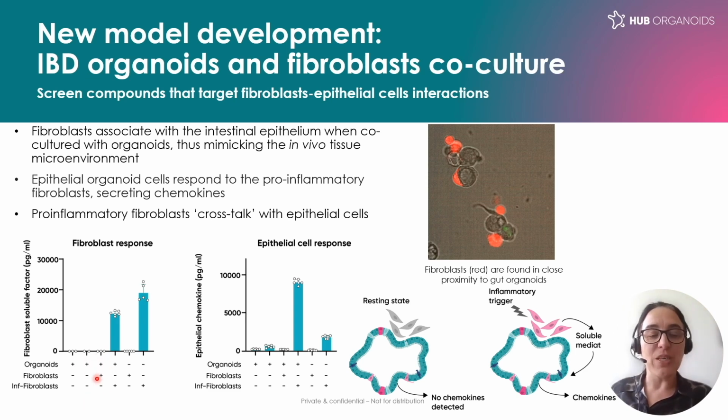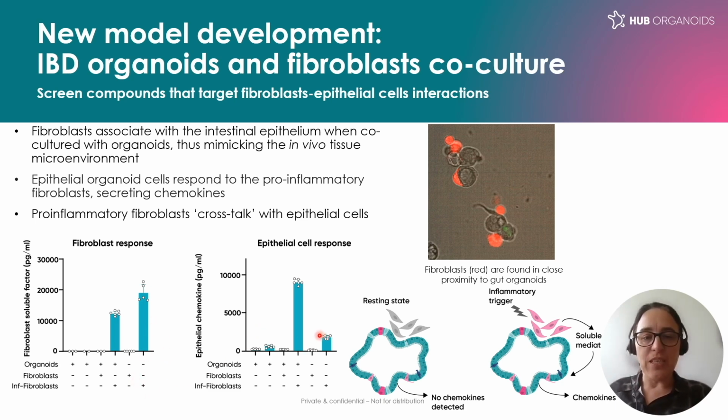We can see that when we co-culture organoids and normal fibroblasts, we don't see any secretion of this cytokine. But when we induce inflammatory fibroblasts by exposing them to a specific combination of cytokines, and then combine them with organoids, we can see that the fibroblasts start secreting this soluble factor, which is of course also present when we have inflammatory fibroblasts alone.